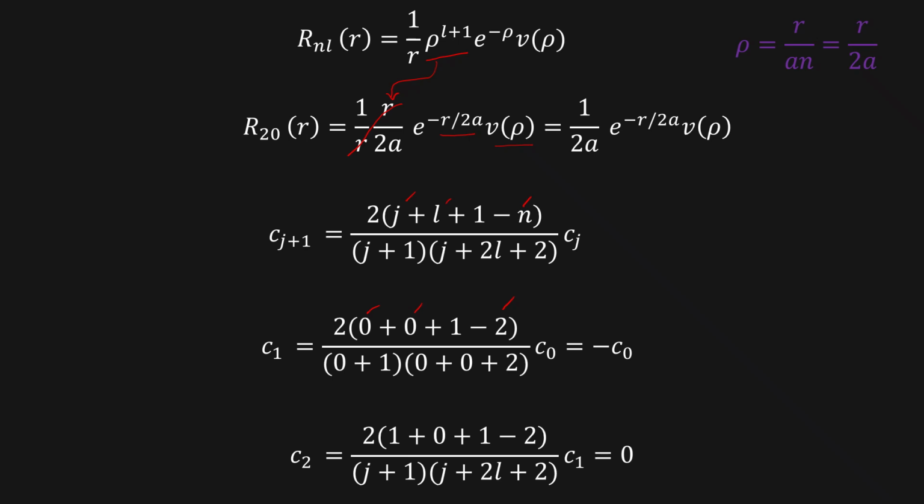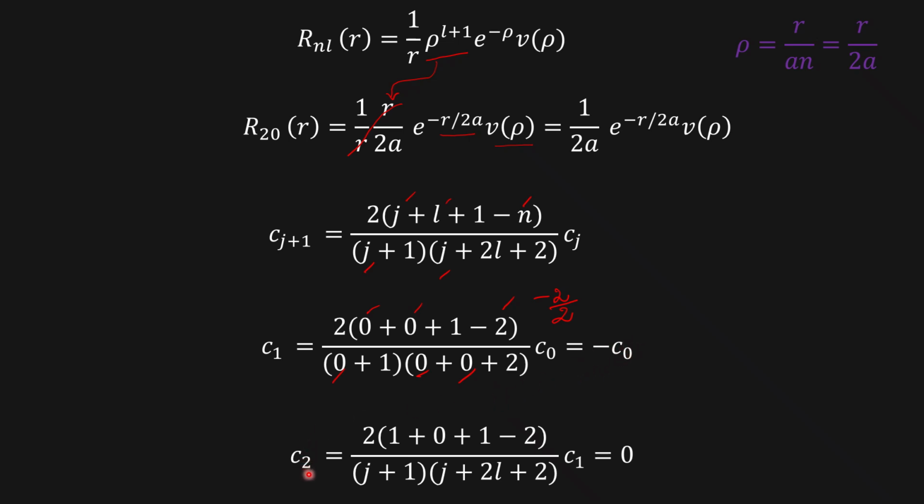Here you have 2. 2 into minus 1, the numerator will become minus 2. Then what about the denominator? j equal to 0, 0 plus 1 and j equal to 0 and l also 0. So this plus 2, this plus 2 comes here. This is 1 into 2. So denominator is 2, which will give you minus 1. So this C1 is equal to minus C naught.